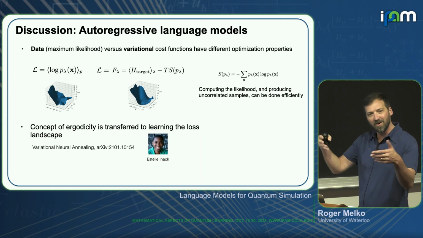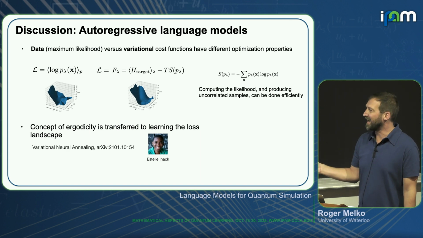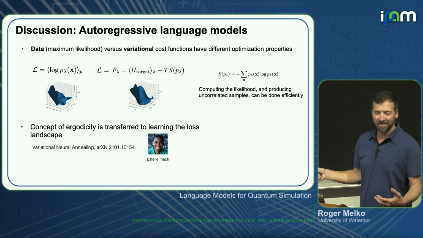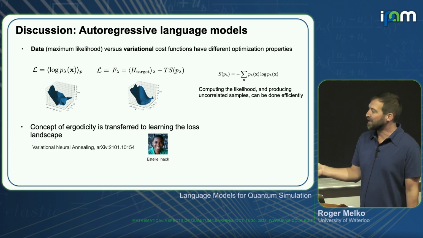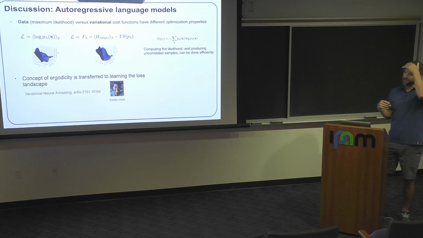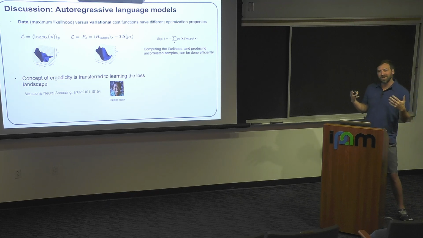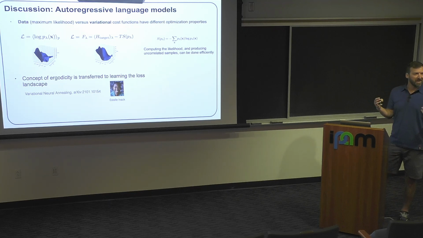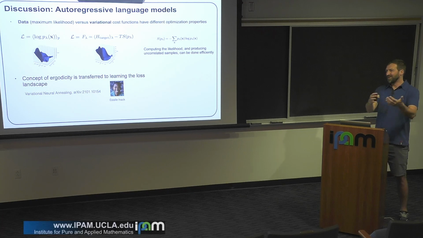I'm parameterizing the loss functions, and I have to find a parameterization that gives me a minimum. This has all sorts of applications also in classical physics. Estelle Inack, who's a postdoc at Perimeter, is very much pushing these types of architectures for spin glasses. If you want to find the lowest energy instance of an Edwards-Anderson Ising model, or sample around a global minimum, there are no ergodicity issues in the sampling.